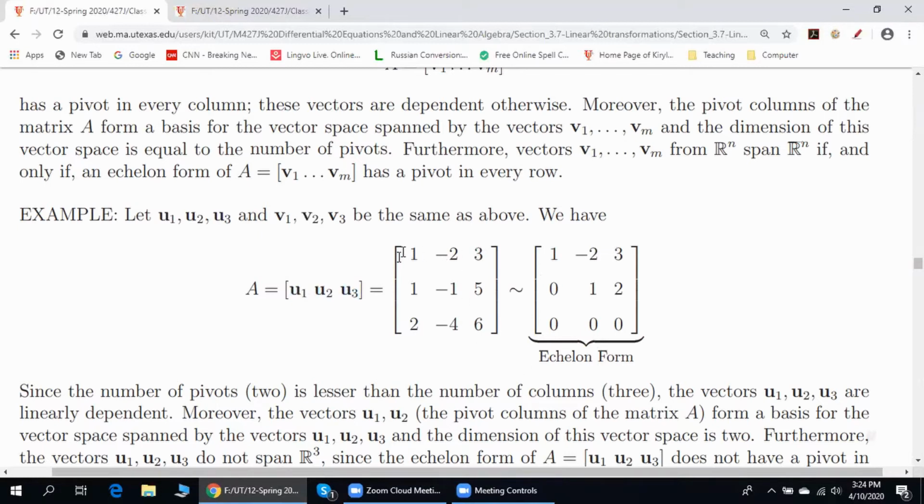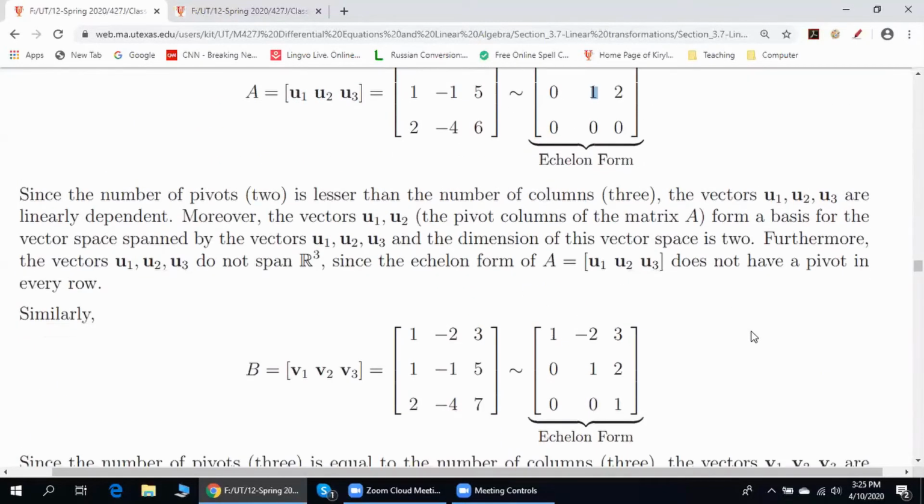Moreover, vectors u1 and u2 are a basis of the span of these 3 vectors, and the dimension of this vector space is 2. Furthermore, these 3 vectors do not span R3 because we do not have a pivot in every row.